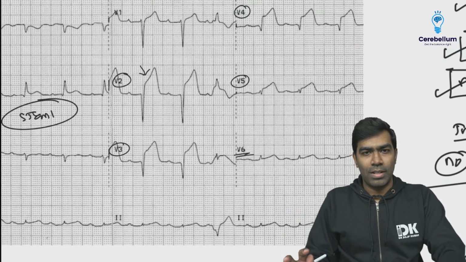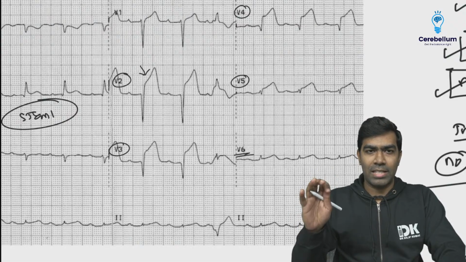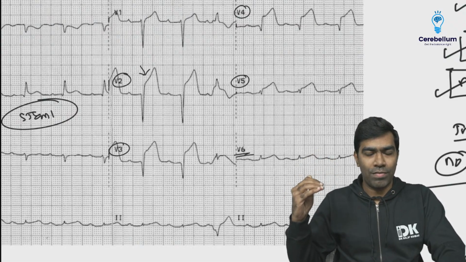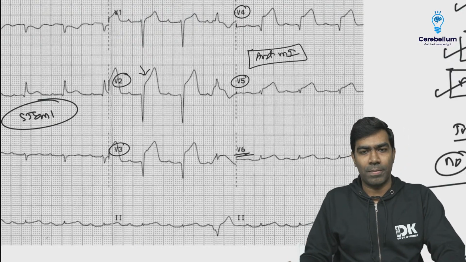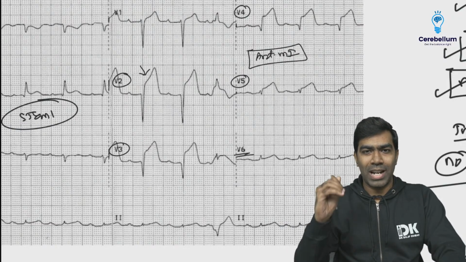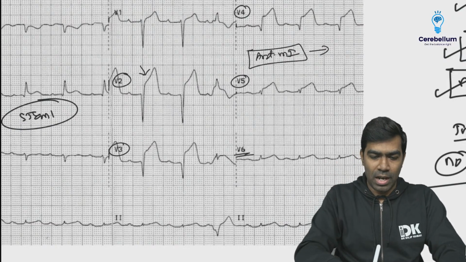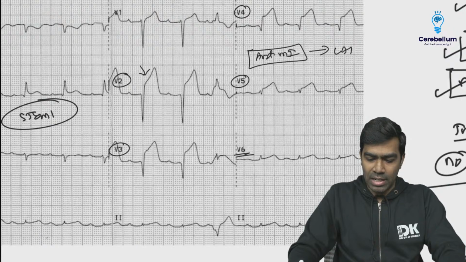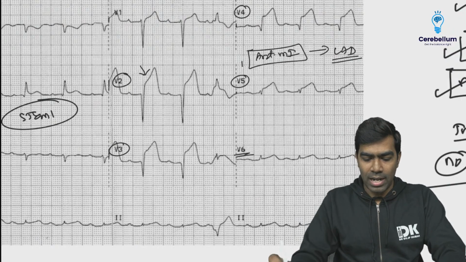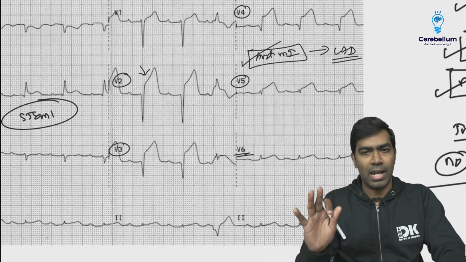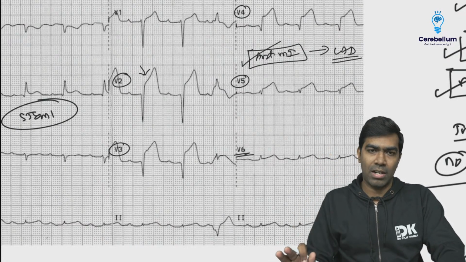There is no doubt. And because the patient is having ST elevations in V2 to V5 especially, this must be an anterior myocardial infarction. Whenever you talk about anterior MI, the culprit artery must be the left anterior descending artery, LAD.